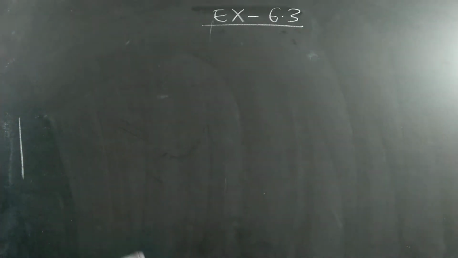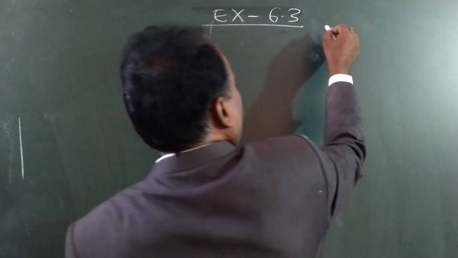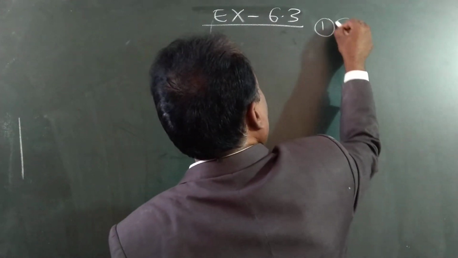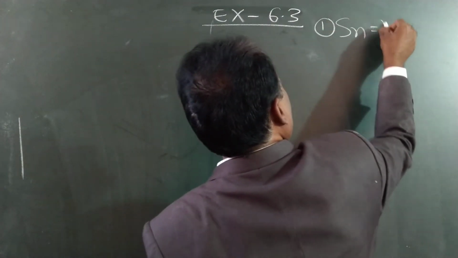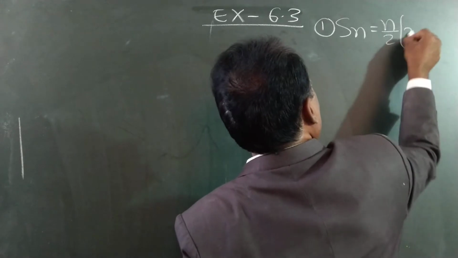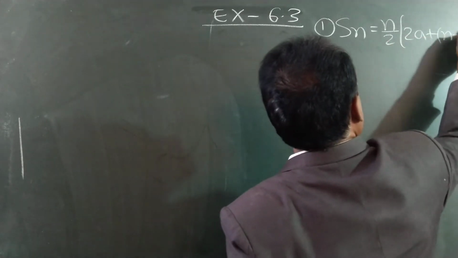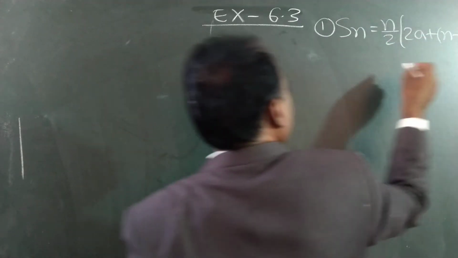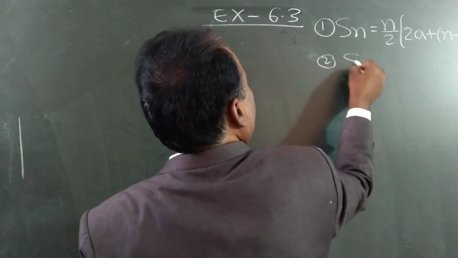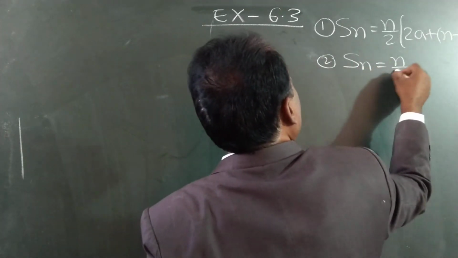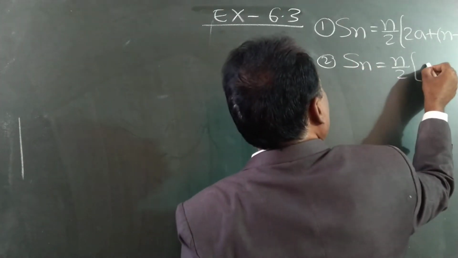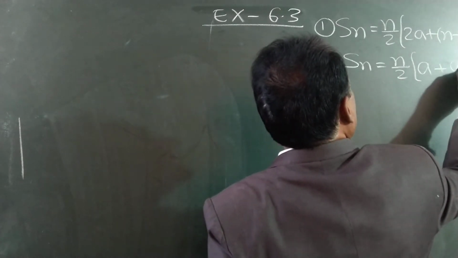So I will remind you the two formulas which I explained. The formula for sum of n terms, I derived this formula. Second, the same formula we can use like this, n by 2 into first term plus last term.